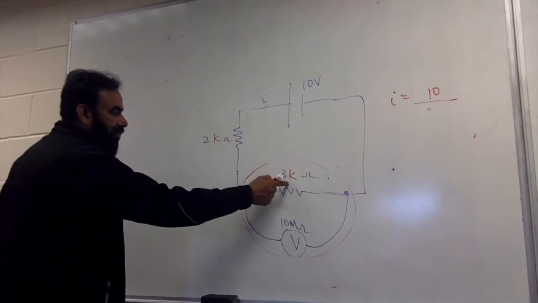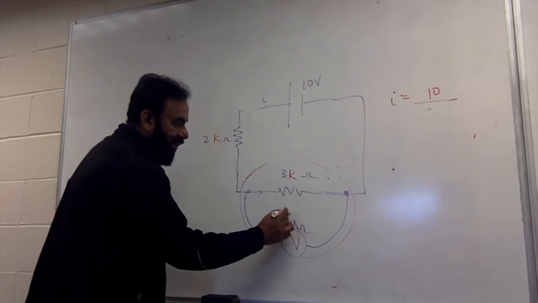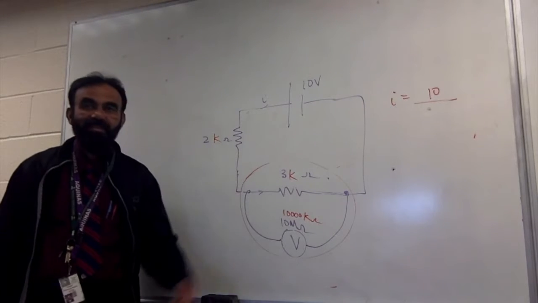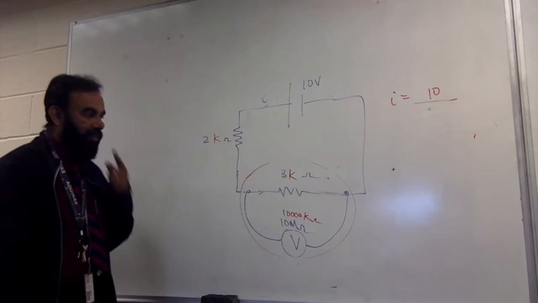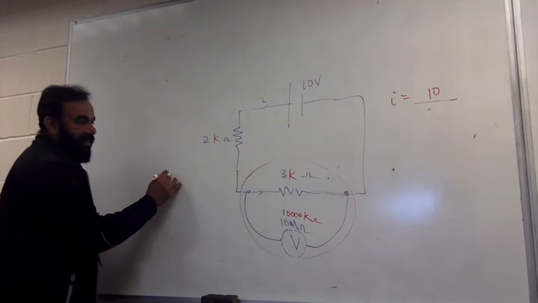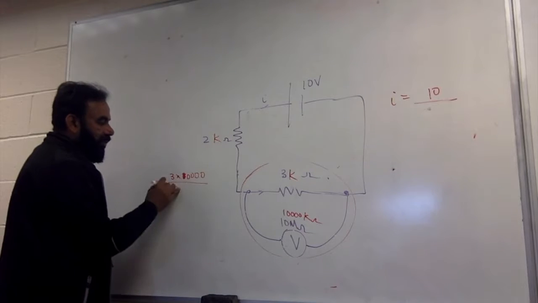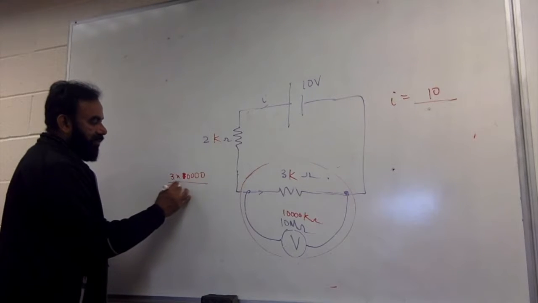This is 3 kilo and this is 10,000 kilo. I'm putting the same case so you'll know how to do it. So what is the equivalent resistance of this? It is 3 times 10,000 divided by 3 plus 10,000.